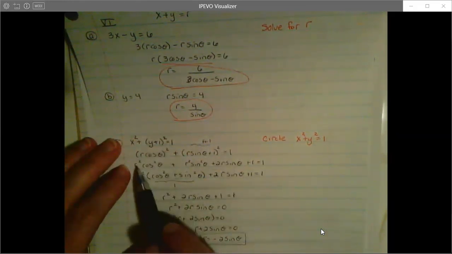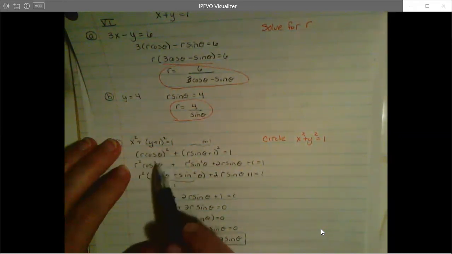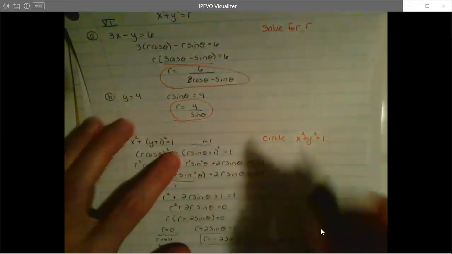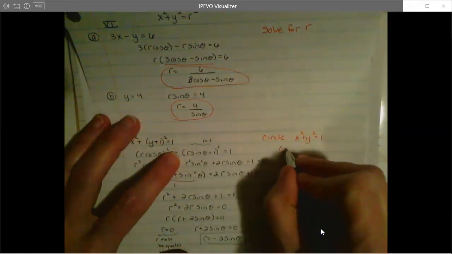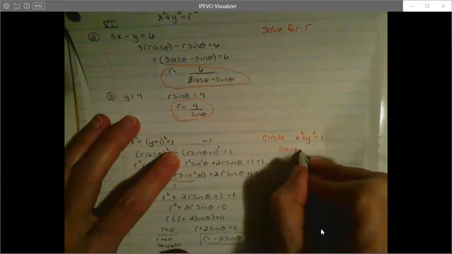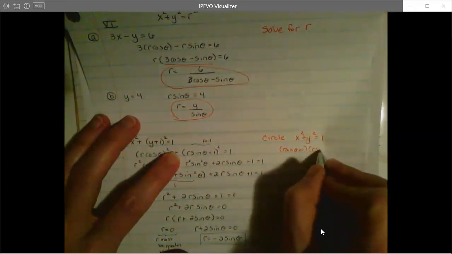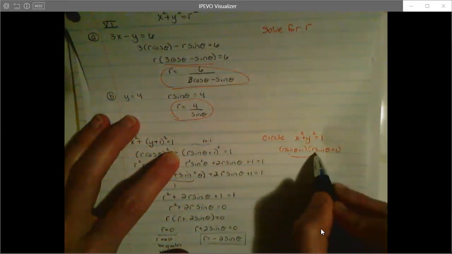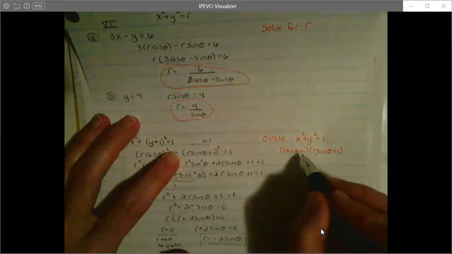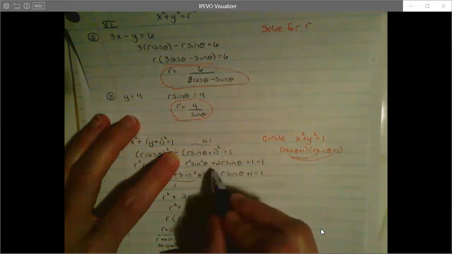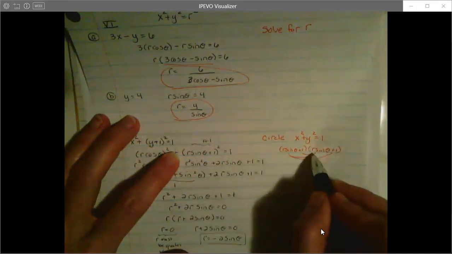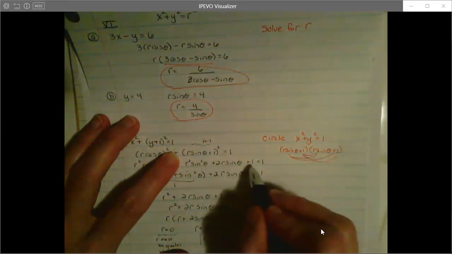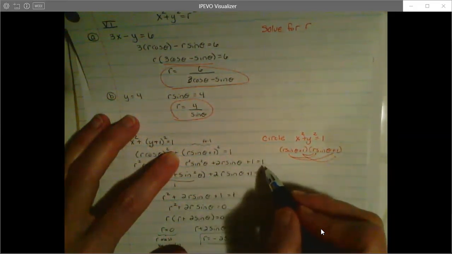When I square this, I get r squared and I get cosine squared. To square this, I have to FOIL it out. Okay, so remember to FOIL. It's going to look like this. So that's going to be r squared sine squared, plus 2r sine theta, and 1, and again equals 1.